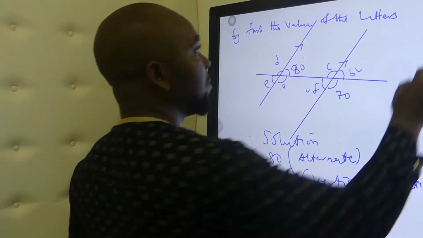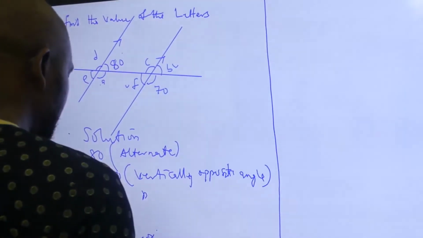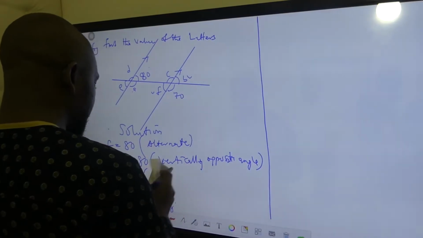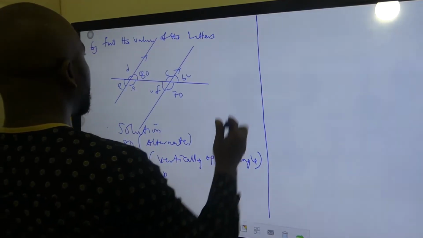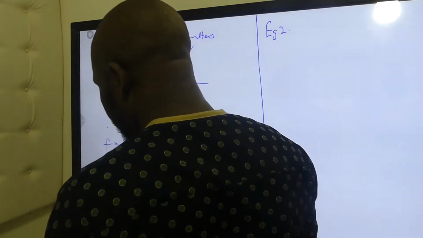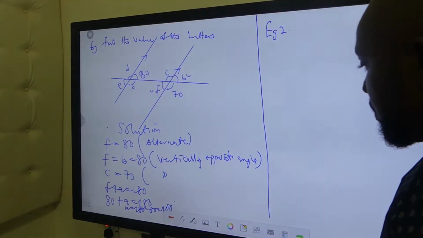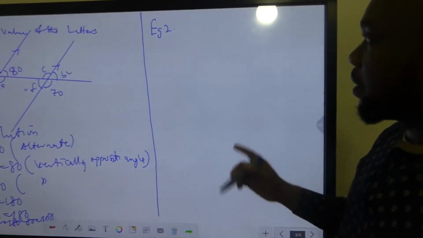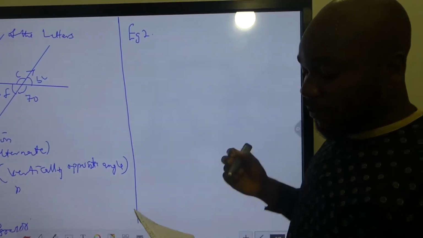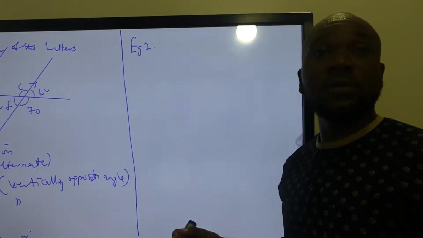Then, lastly, before I summarize, is example 2, which says that we should calculate the interior angle of a hexagon.